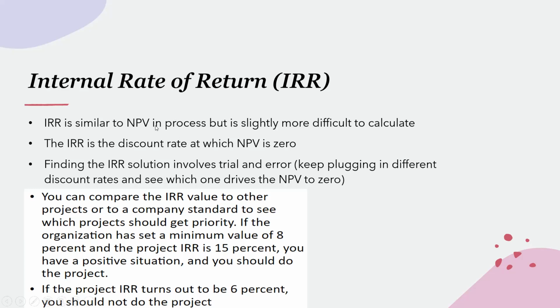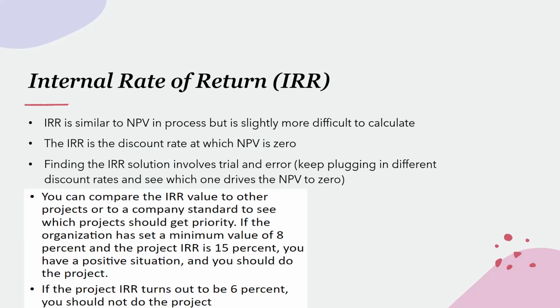You can compare the IRR value to other projects or to a company standard in order to see which project should get priority. So in order to prioritize the projects, we can use this IRR method. If the organization has set a minimum value of 8% and the project IRR is 15%, you have a positive situation and you should do the project.